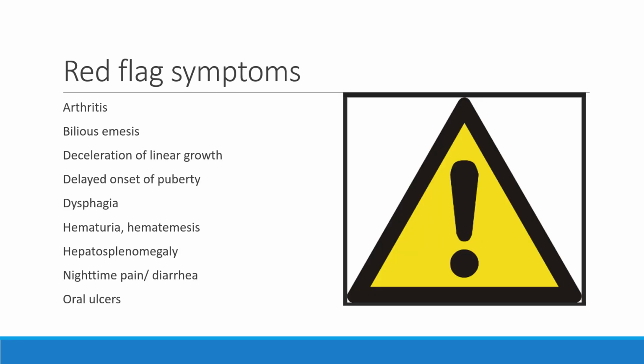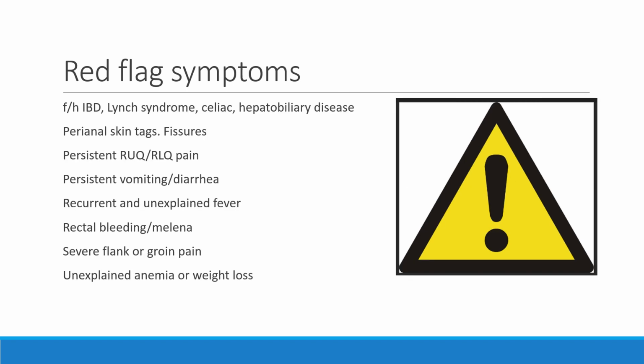Red flag symptoms. There are a few symptoms patients come in with that we need to address pretty quickly, and these include if they have GI symptoms with arthritis, bilious emesis, deceleration of linear growth, delayed onset of puberty, dysphagia, hematuria, hematemesis, hepatosplenomegaly, nighttime pain or nighttime diarrhea, oral ulcers, family history of IBD, Lynch syndrome, celiac disease, or hepatobiliary disease.